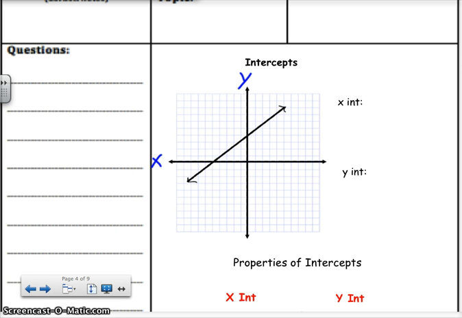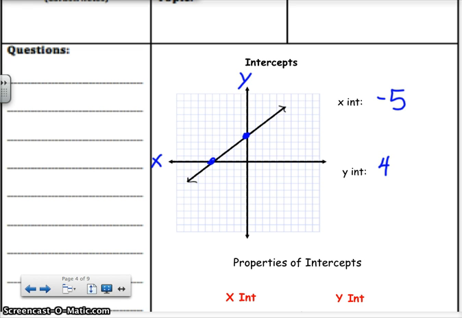The x-intercept here is 1, 2, 3, 4, negative 5. The y-intercept here is 4. Intercept, intercept.